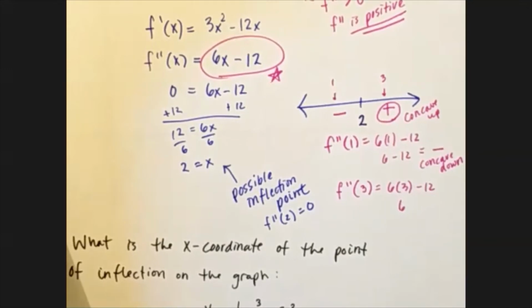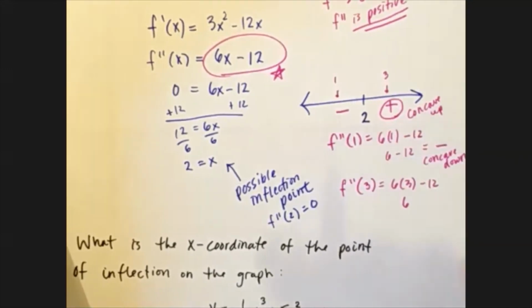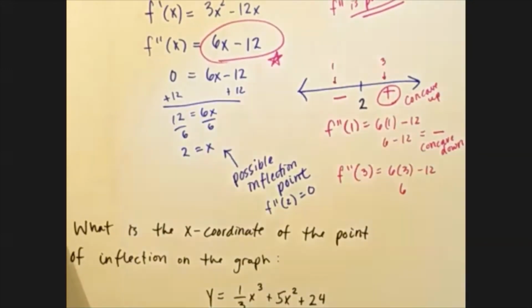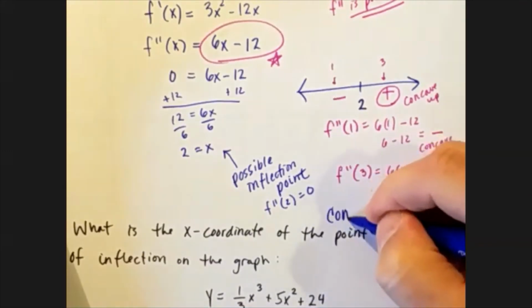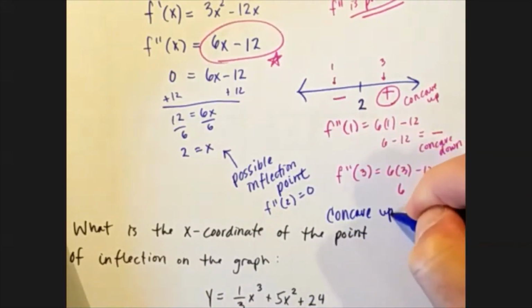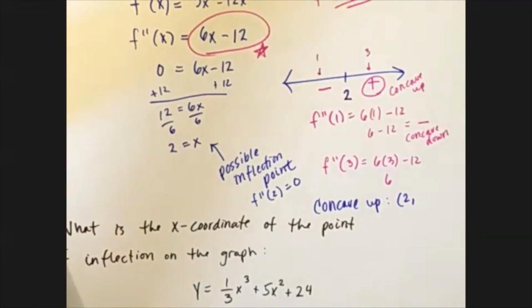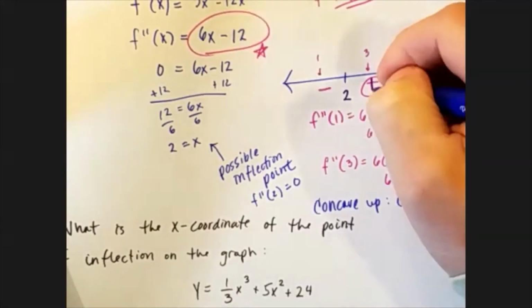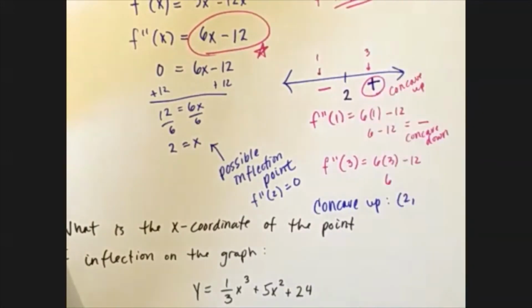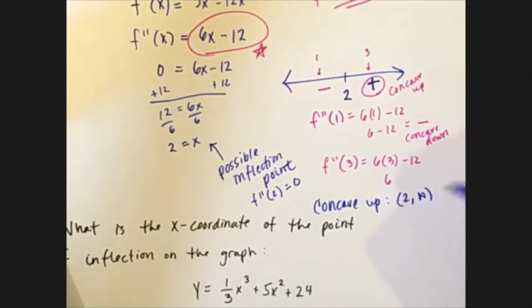What's that interval look like, Zymera? Negative infinity to 2. You got that a little bit backwards. 2 is like our smallest number, so we're going to start with 2. Anything to the right of 2 is going to be concave up. Oh, so 2 to infinity. Perfect.